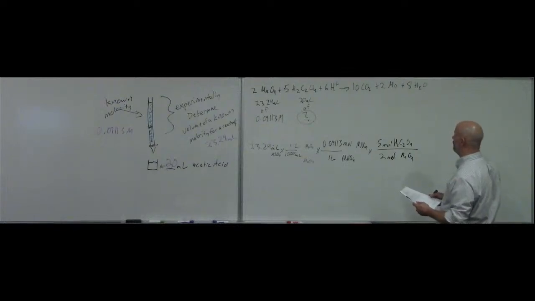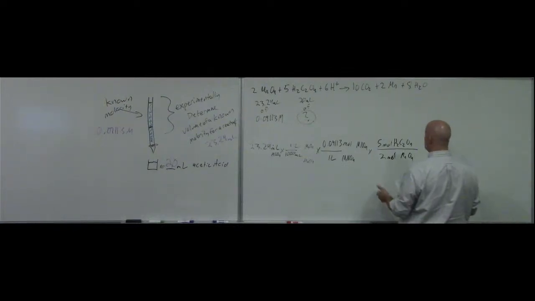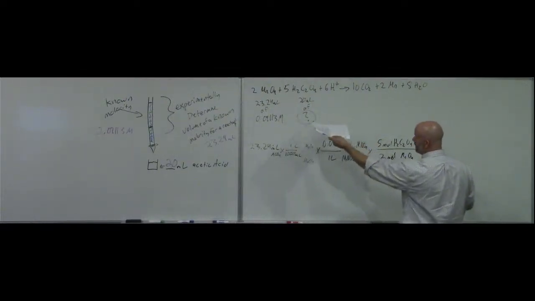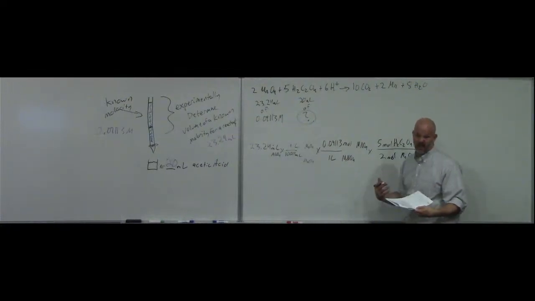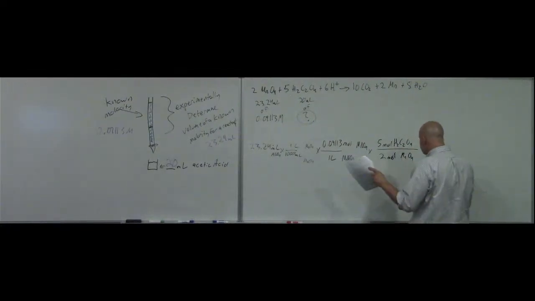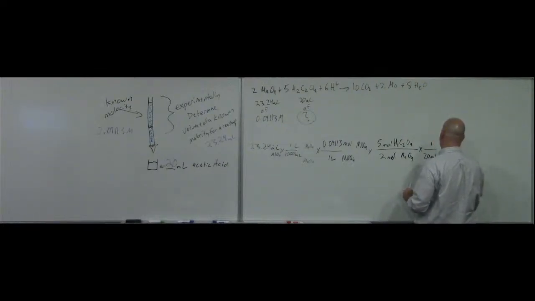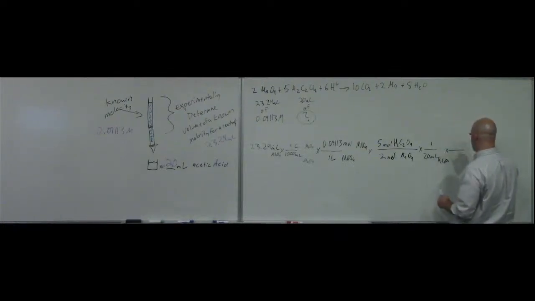Right, but I'm looking for moles per liter because I want molarity. Well, it gives me some milliliters. I could just as easily write 0.02 liters. That's actually what I would do. But for the sake of it, I'm going to put it the way it is here: 20 mLs of H2C2O4. I'm going to convert that with 1,000 milliliters per liter.